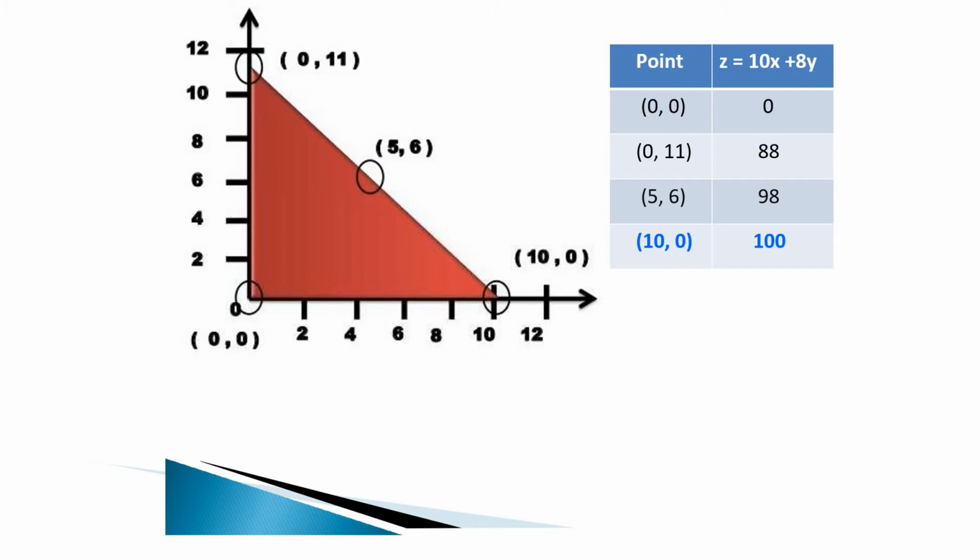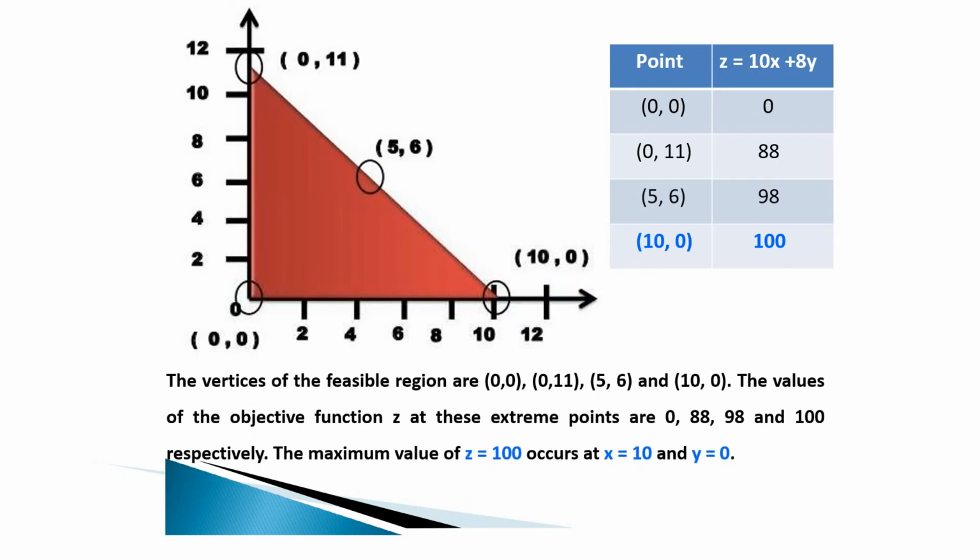Here there are 4 extreme points. First one is 0, 0. Second one is 0, 11. Third is 5, 6. And fourth is 10, 0. The values of the objective function at the extreme points are 0, 88, 98 and 100.